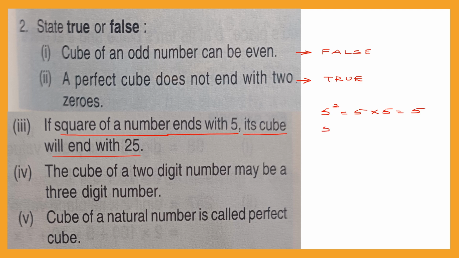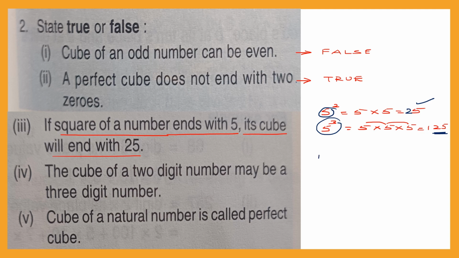Let's see. 5 cube, 5 into 5 into 5. 5 fives are 25, 25 fives are 125. So here it says it will end with 25. It's true. If you take 5, the square is 25 and ends with 5. If you take the cube, even that ends with 25.